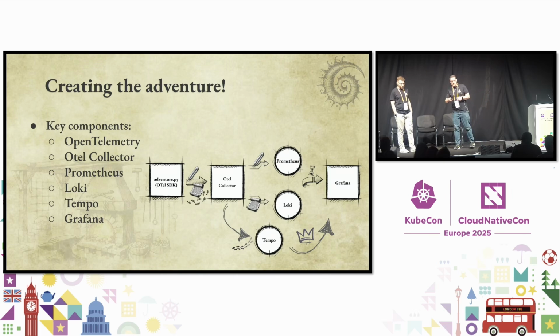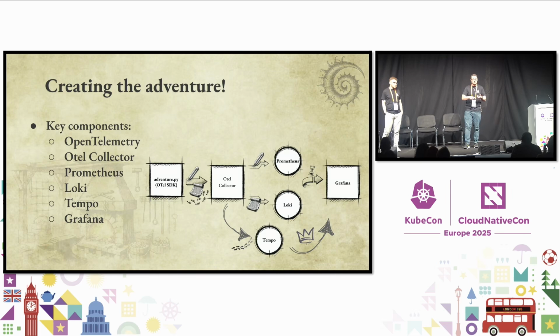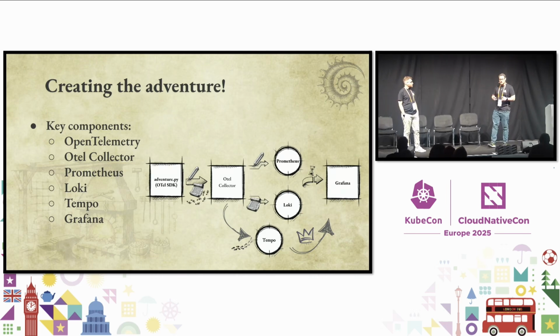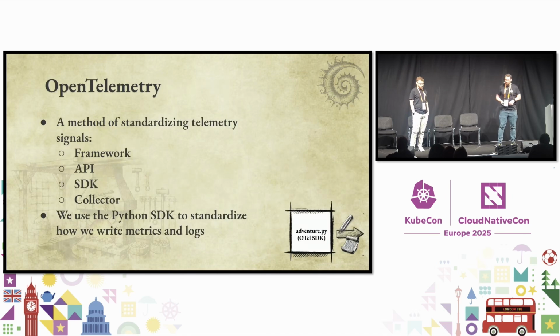Then in between that, we have our OTel collector, and that's the thing that we're sending all of the metrics, logs, and traces to. The OTel collector is then firing all of that information into some back-end databases. We're using Prometheus for our metrics, we're using Loki for logs, and then Tempo for our traces. And then all of those databases are being used to fuel what you saw before, which was that Grafana dashboard that had the forge heat on there, and then all of the logs itself.